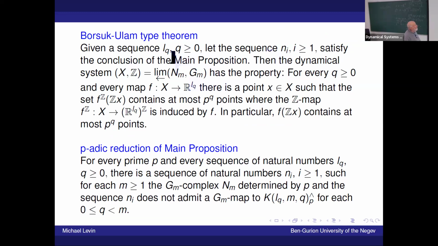So we take the sequence n_i produced by the main proposition. And now we consider the inverse limit, or it's the same, consider X to be the product of all the spheres.